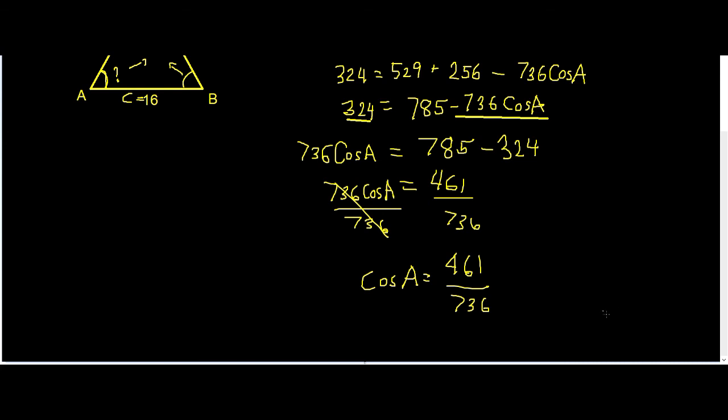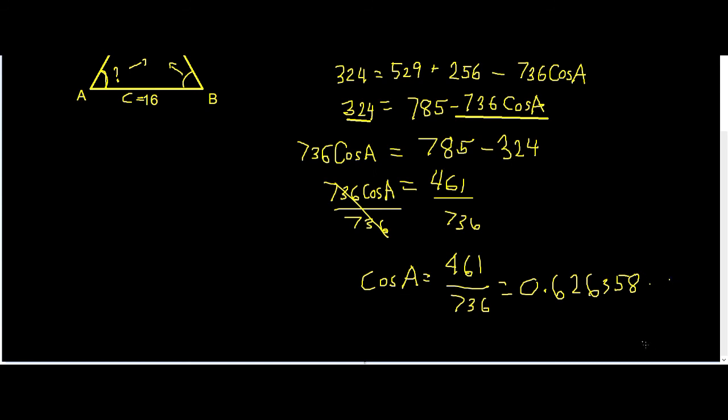Now, what you want to do pagdating sa calculator, kasi medyo komplikado yan, shift cosine. Or i-simplify nyo muna to. 461 divided by 736 is equal to 0.62635 and so on and so forth.